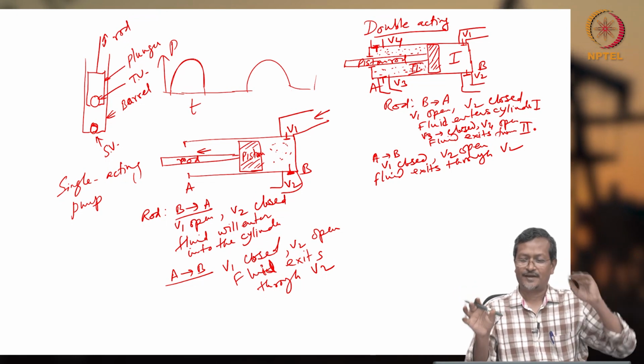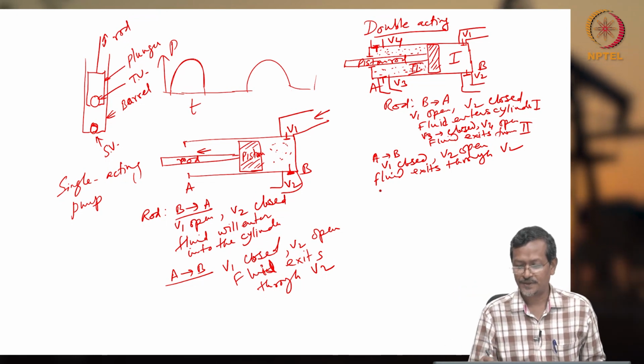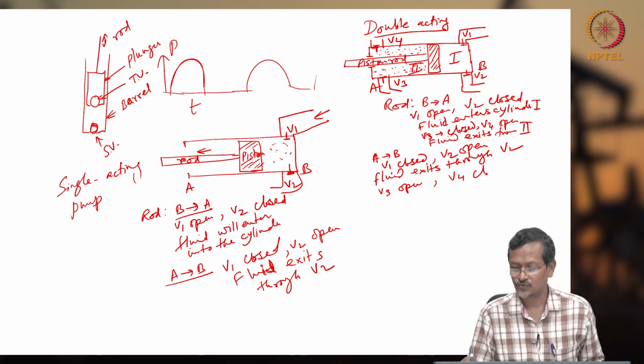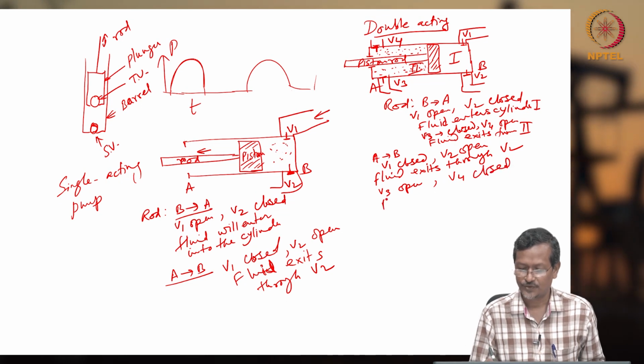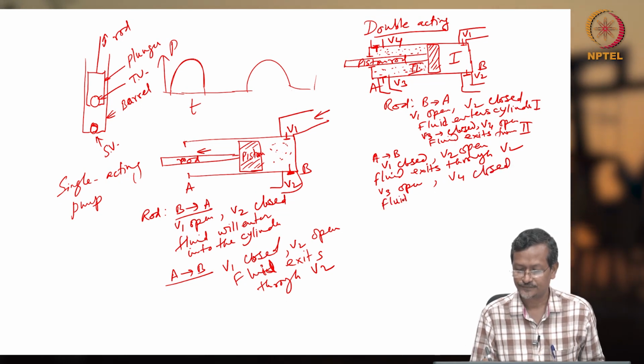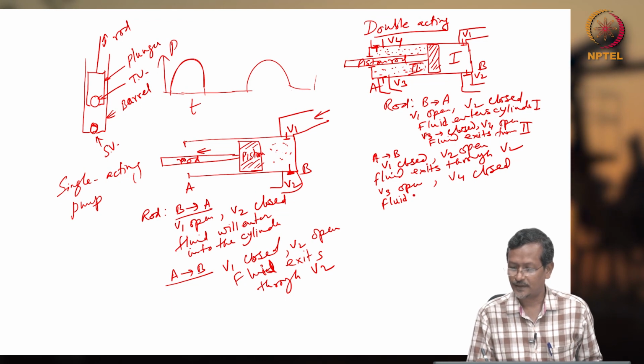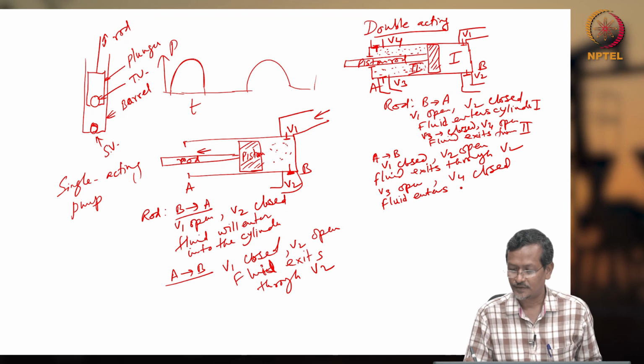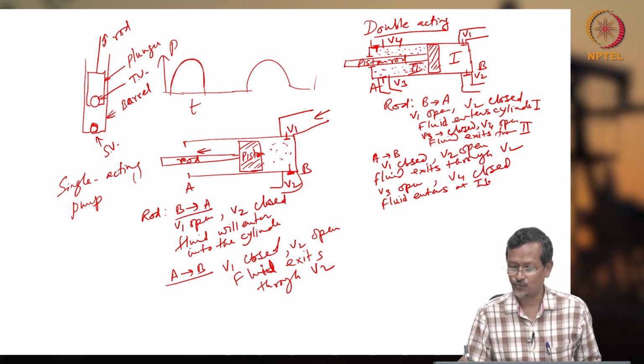Okay, now the opposite is happening, A to B. V3 open, V4 closed. Okay, fluid enters at 1, at 2.